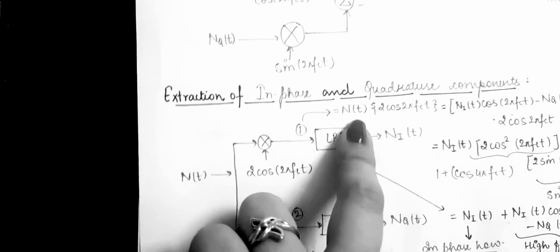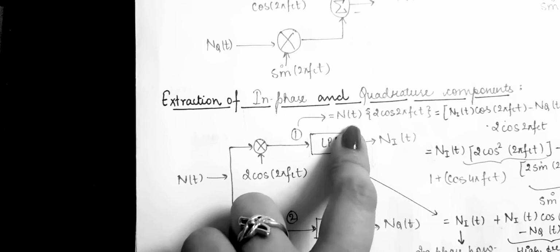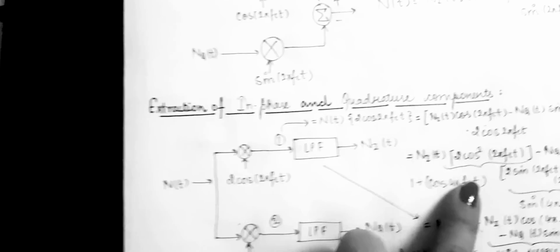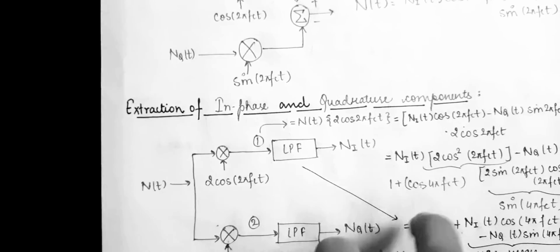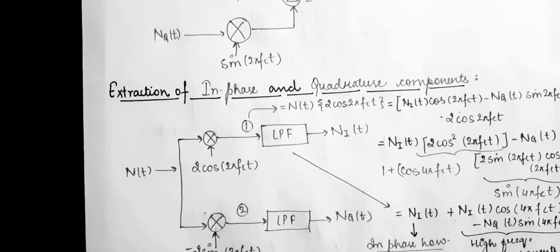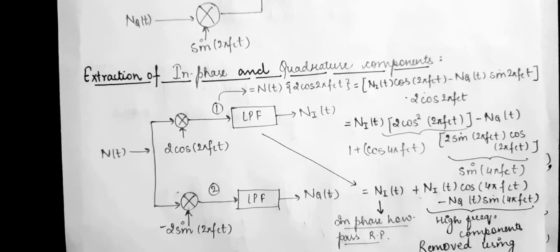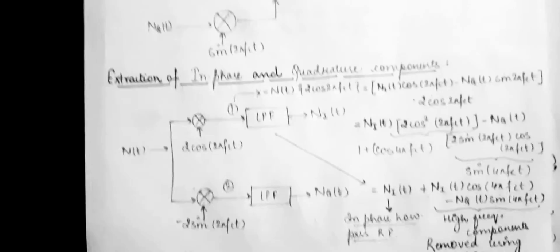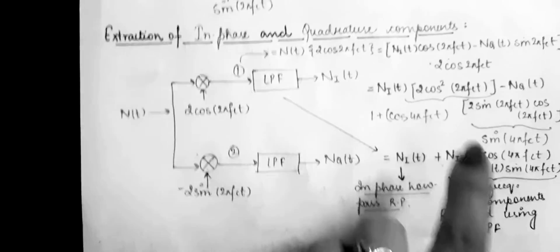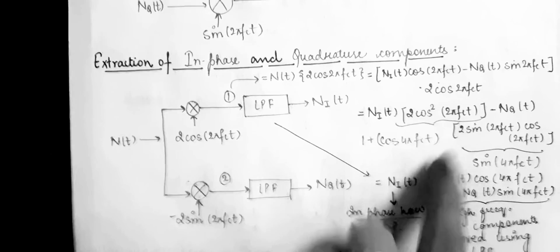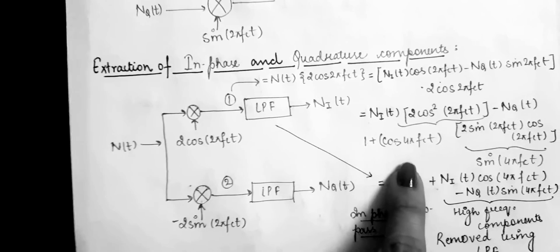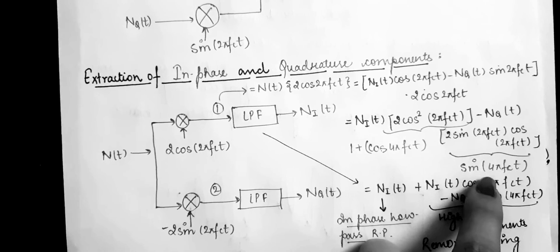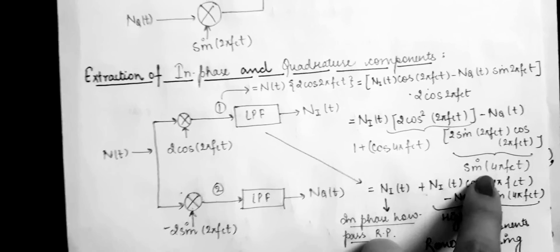In place of N(t) we can put N_I(t) cos 2 pi fc t minus N_Q(t) sine 2 pi fc t. We can solve it as N_I(t) times 2 cos squared 2 pi fc t minus N_Q(t) times 2 sine 2 pi fc t cos 2 pi fc t. Using the formulas, 2 cos squared 2 pi fc t is 1 plus cos 4 pi fc t, while 2 sine 2 pi fc t cos 2 pi fc t is sine 4 pi fc t.